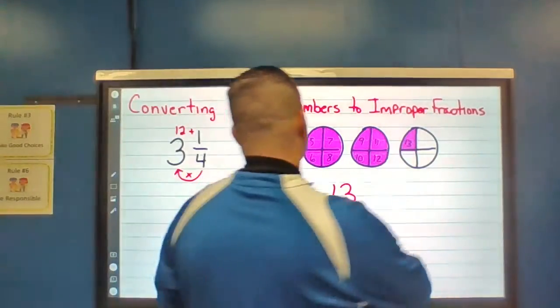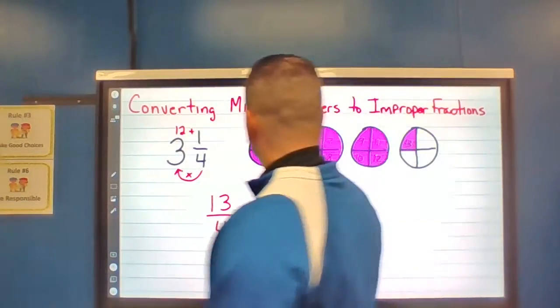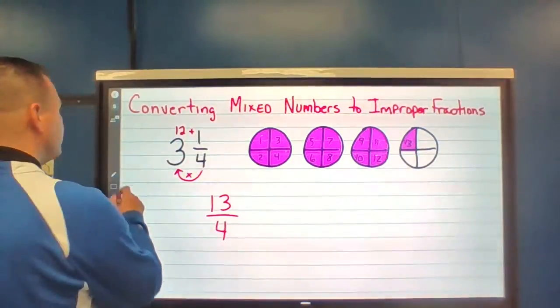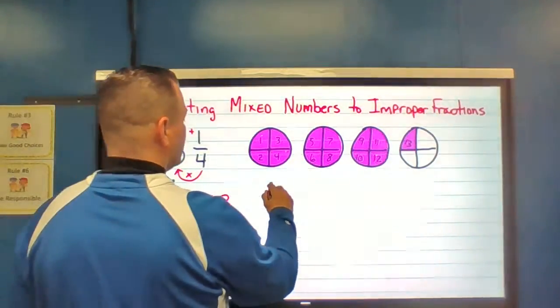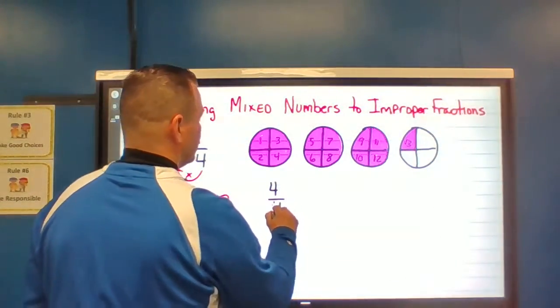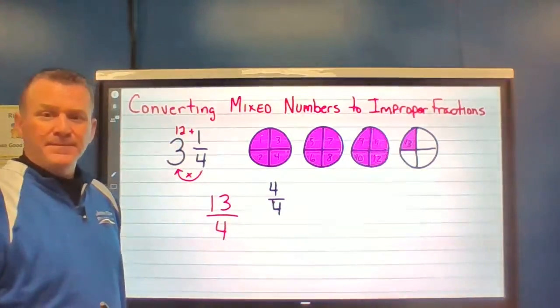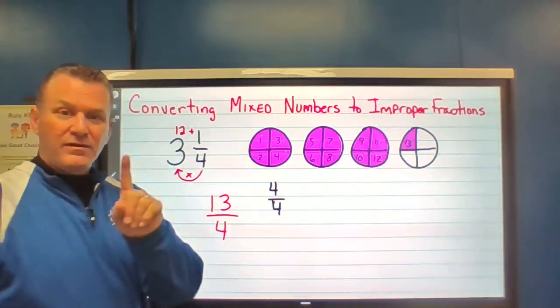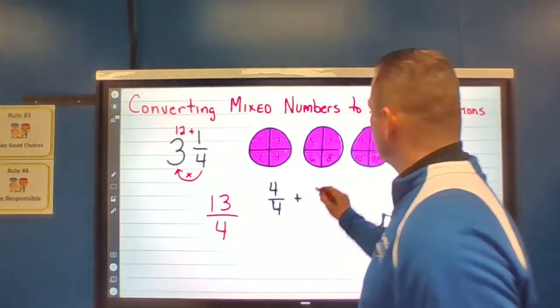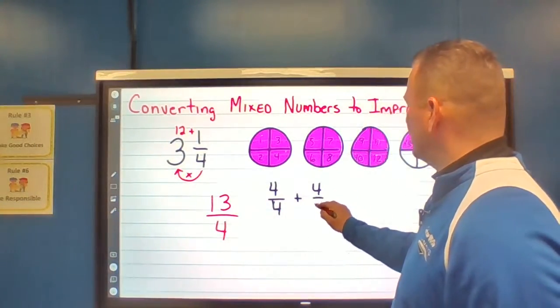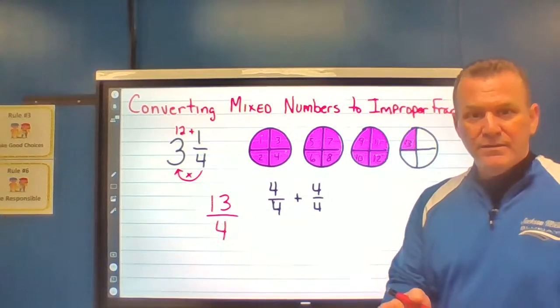Okay, and if you look at this logically, you can see here that this is 4/4. 4 out of 4. 4 over 4 is 1. I have 1 whole pie. Plus 4 out of 4 here, which is 1.